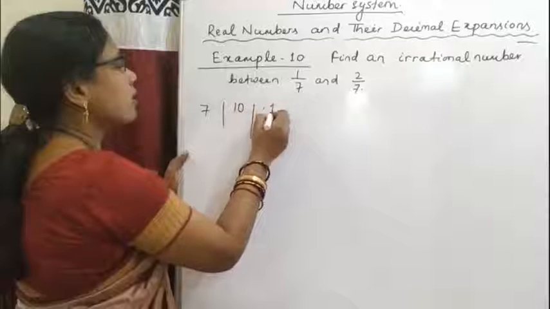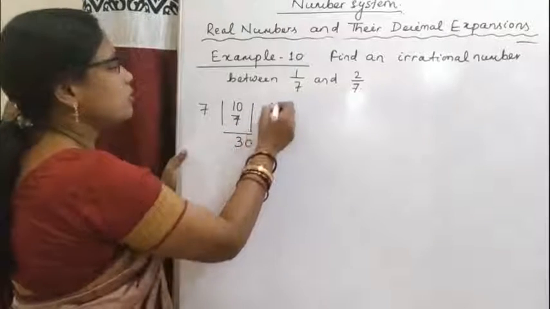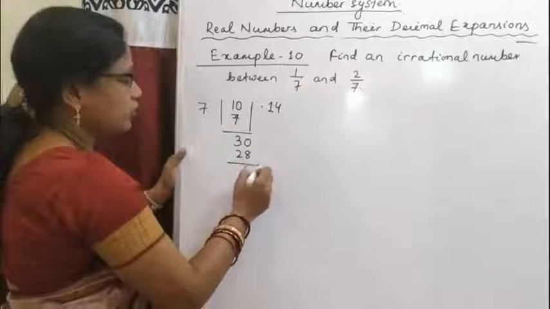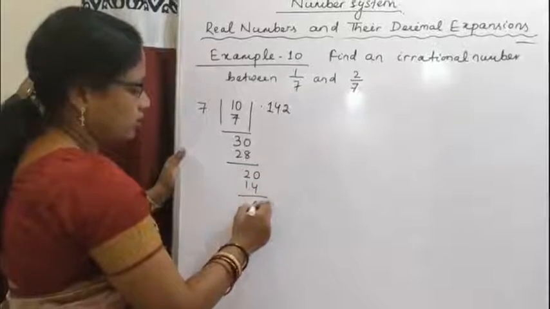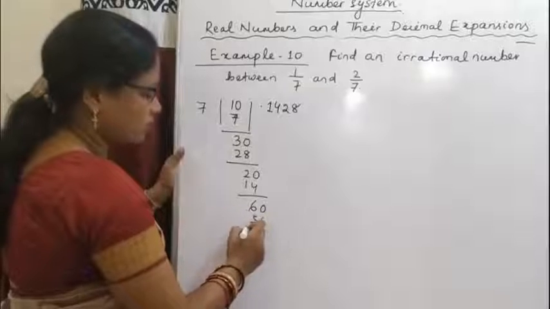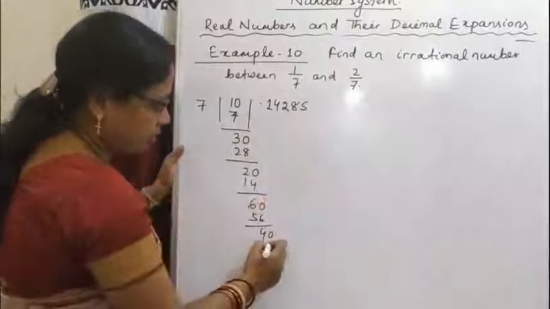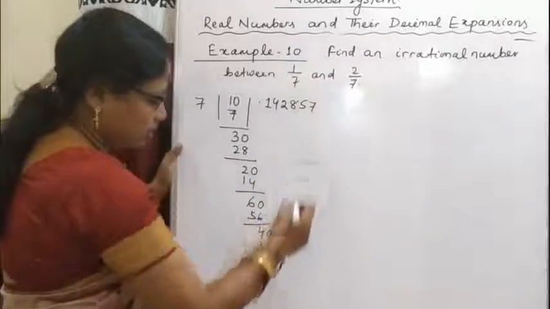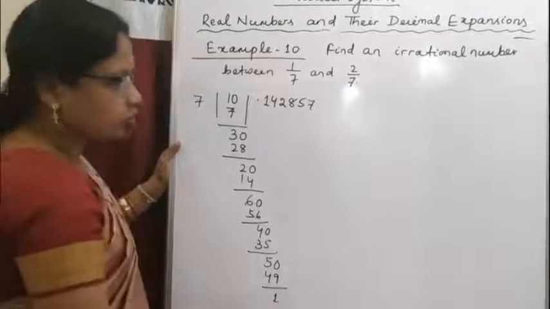So this is 1, 7 1s are 7, then 3, 0, 7 4s are 28, then 2, 0, 7 2s are 14, then 6, 0, 7 8s are 56, then 4, 0, 7 5s are 35, again 5, 0, 7 7s are 49, again it comes 1.